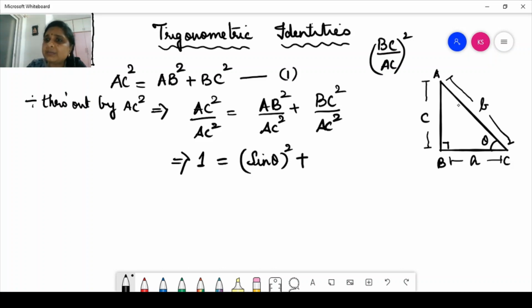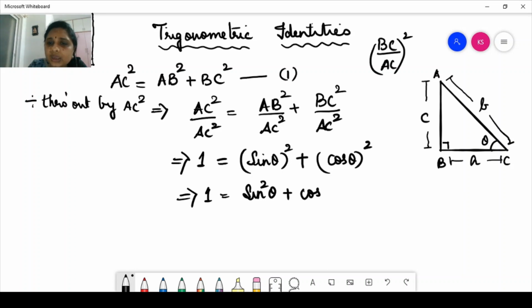So what is BC by AC? It is nothing but the adjacent side by the hypotenuse, right? That is going to be cos of theta the whole square. So this can be written as sine square theta plus cos square theta. So the first identity is what we have got now. The first and foremost identity, which is very important, is sine square theta plus cos square theta equal to 1.